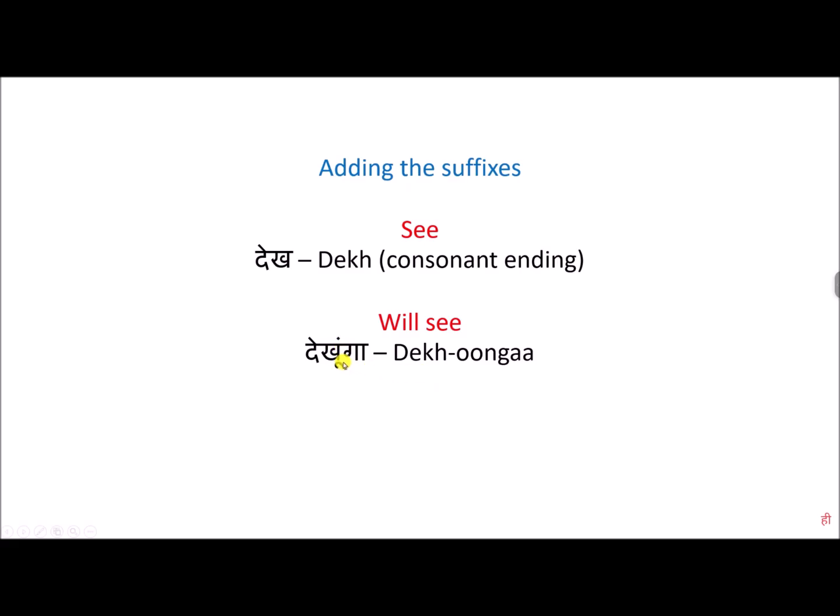Unga or the suffixes are not written separately. They are joined to this. This is dekh, this is dekhunga. Kh has become khu. Okay, dekhenge, kh has become khe. All right, in the previous example it was written separately. Here they are merged and written.